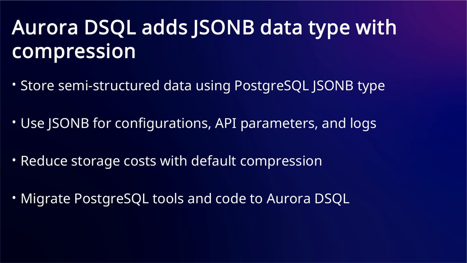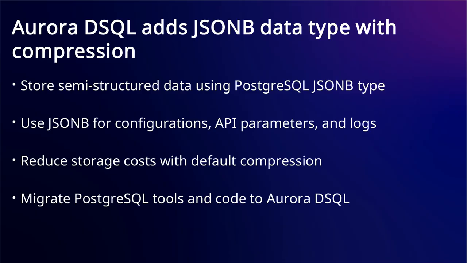You can use JSONB for configurations, API parameters, and logs when creating or modifying tables. The feature helps reduce storage costs with default compression that efficiently handles larger JSON payloads. This support enables you to migrate PostgreSQL tools and code to Aurora DSQL without rewriting applications that depend on JSONB functionality.